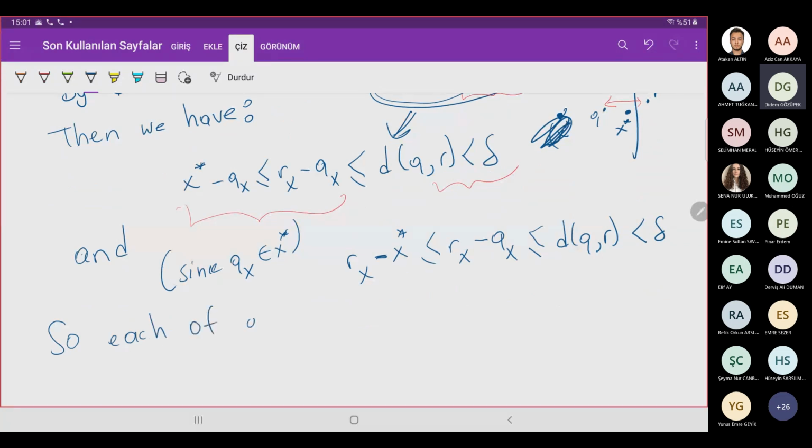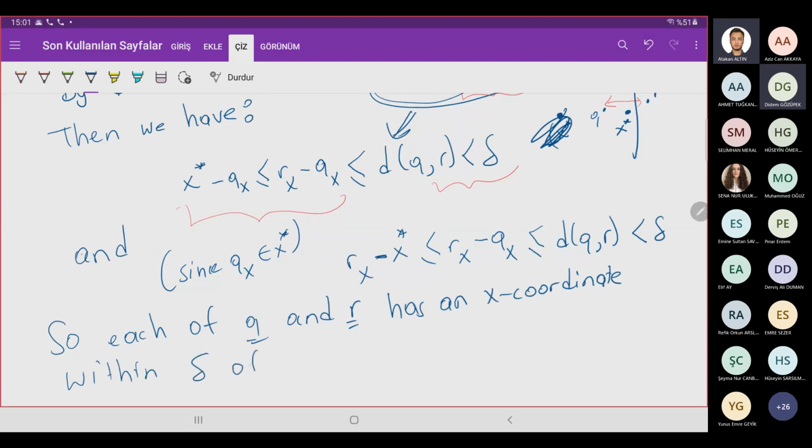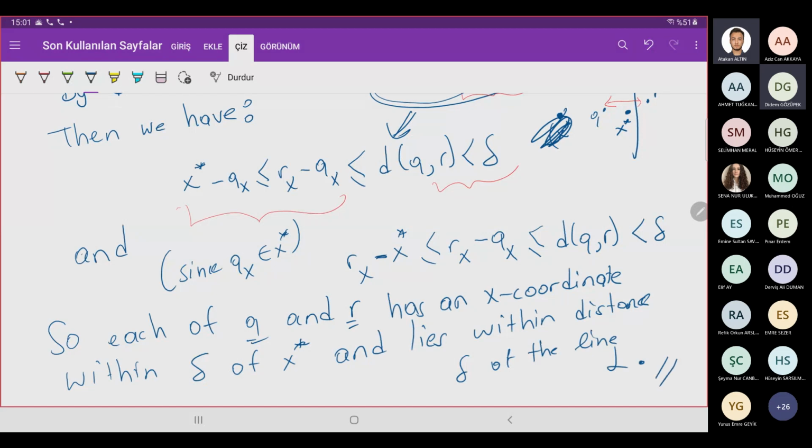So each of Q and R has an X coordinate within delta of X star and lies within distance delta of the line L. Okay, so that's the end of the proof.